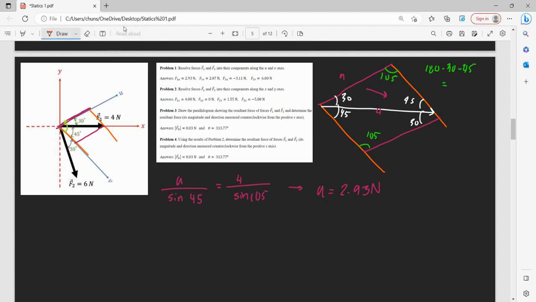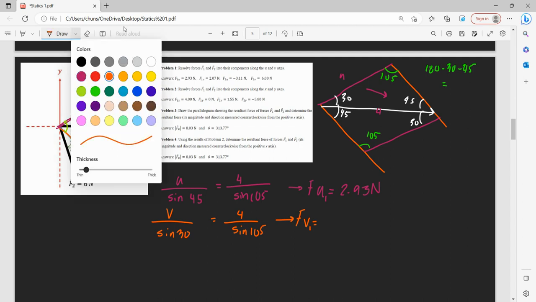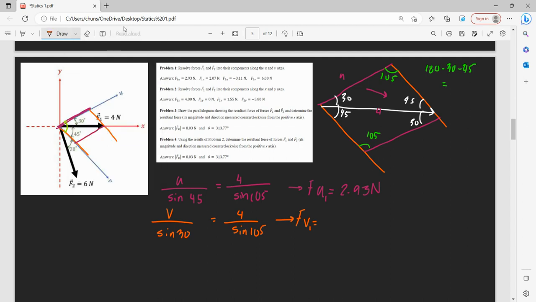Let's go again for F1. So v is across from sine 30, and that's equal to 4 over sine 105. So that means v is equal to 4 times sine 30 divided by sine 105, and that's 2.07 newtons.